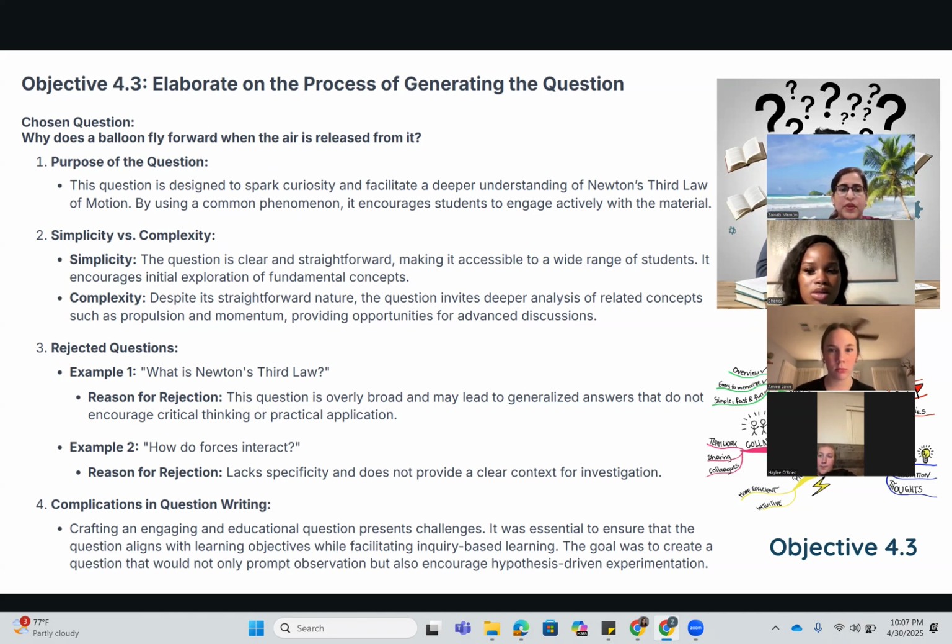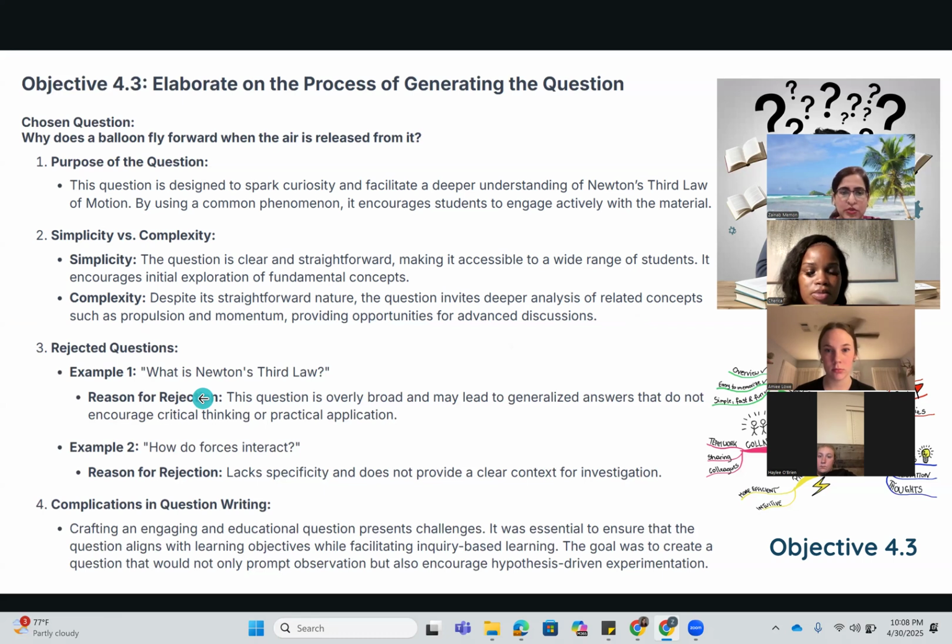For example, this question is clear and straightforward, making it accessible to a wide range of students. It encourages initial exploration of fundamental concepts. Despite being straightforward in nature, the question invites deeper analysis of related concepts such as propulsion and momentum, providing opportunities for advanced discussions.